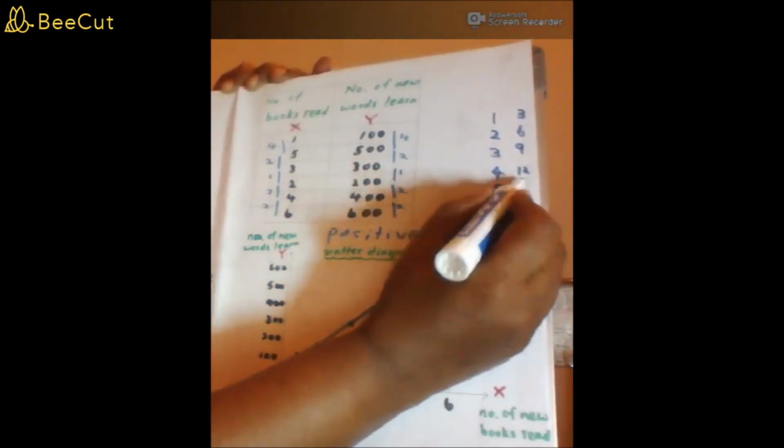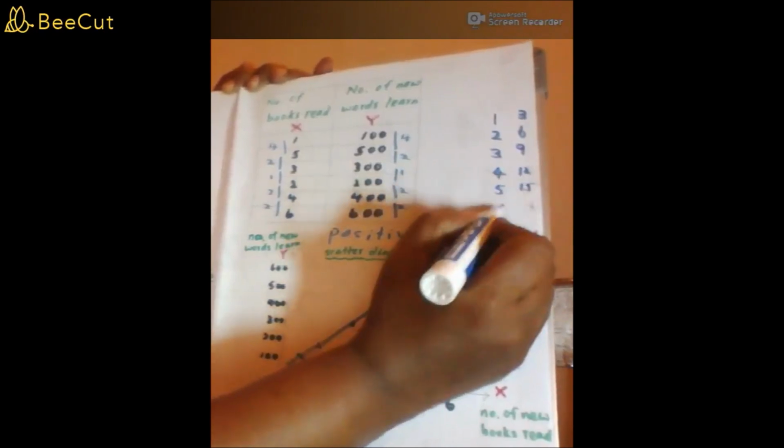Sometimes you can get like this. One book, here I have written in pencil 3 words. 2 books, 6 words. 3 books, 9 words. 4, 12. 5, 15. 6, 18.